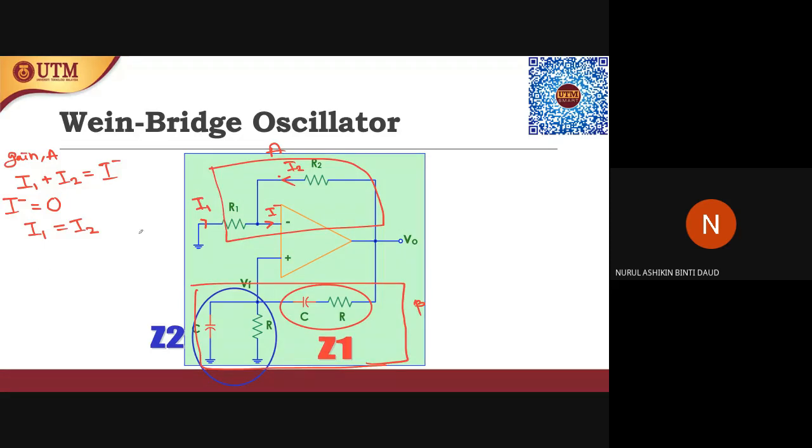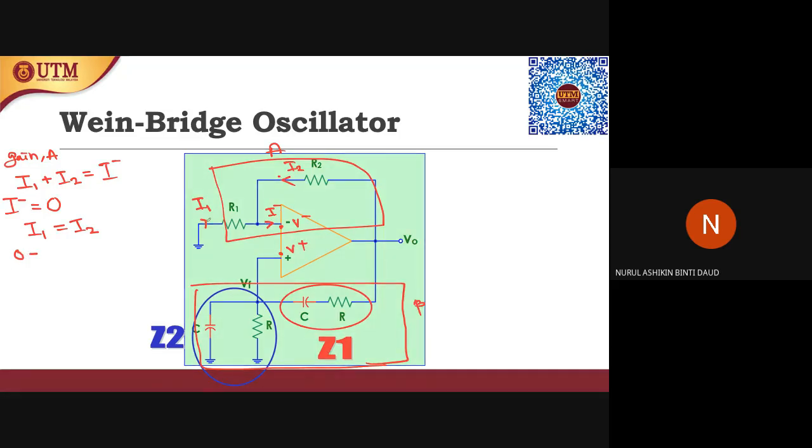Let's derive this. I1 equals I2, and how to calculate I1? Let's say at this point there is a V minus, and at this point we have V plus.